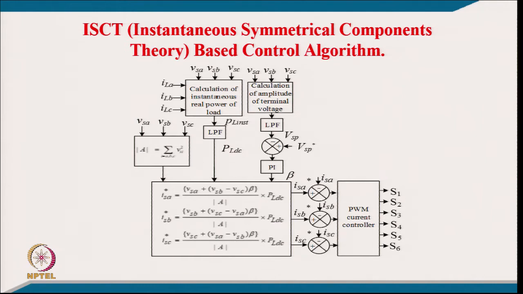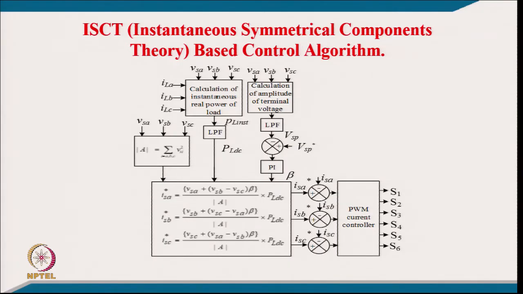We consider this angle because it will introduce the reactive power required for the reference current. And of course, we estimate another quantity like A here, which is calculated from VSA, VSB, VSC.